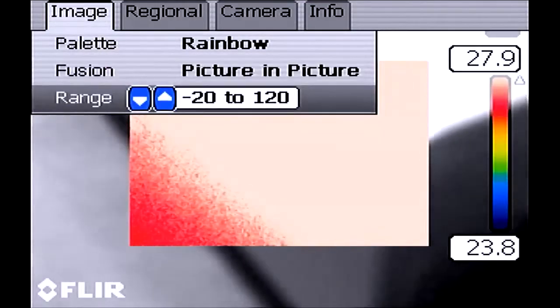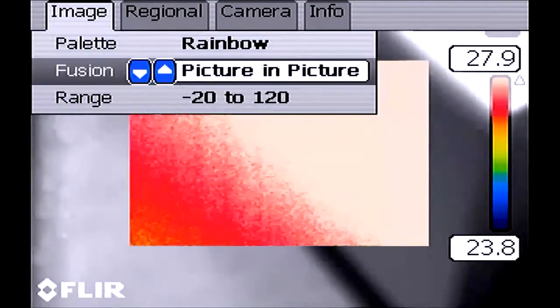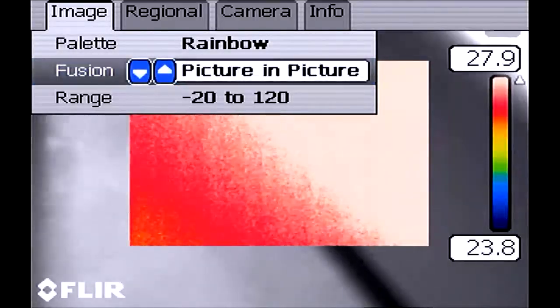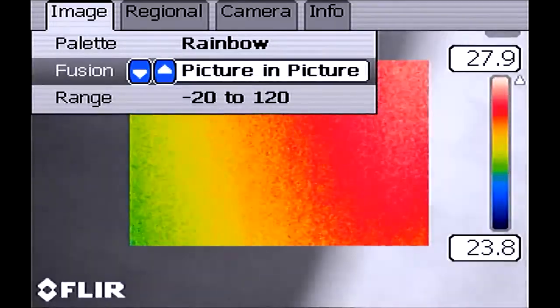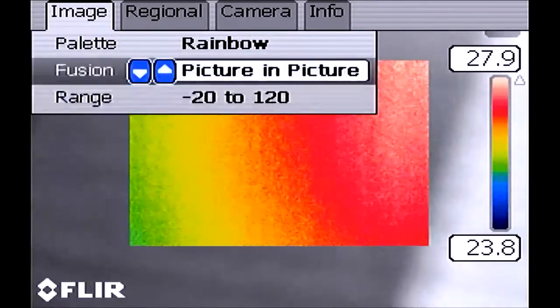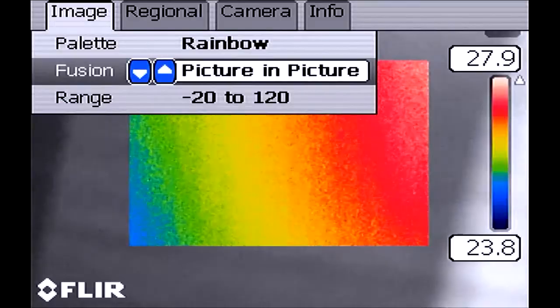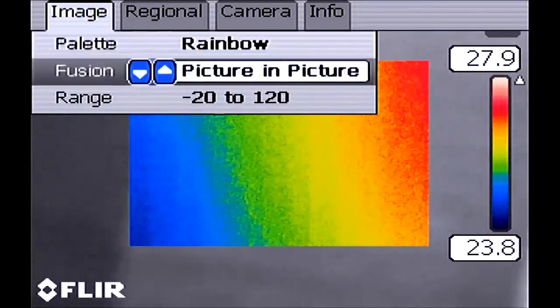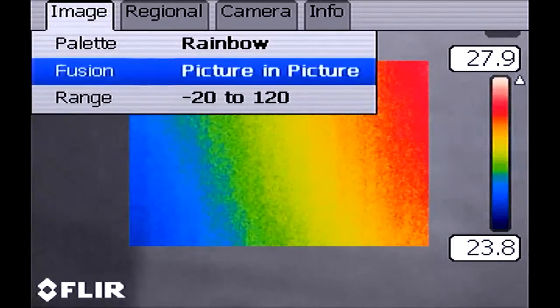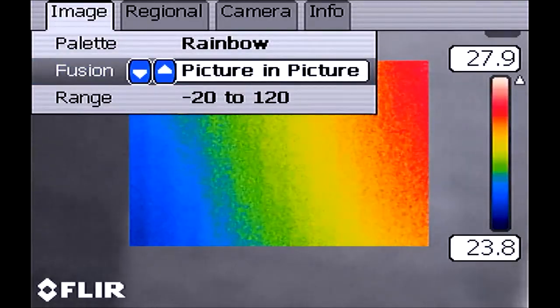It won't change. YouTube isn't going to save us this time. It won't do the arrows.